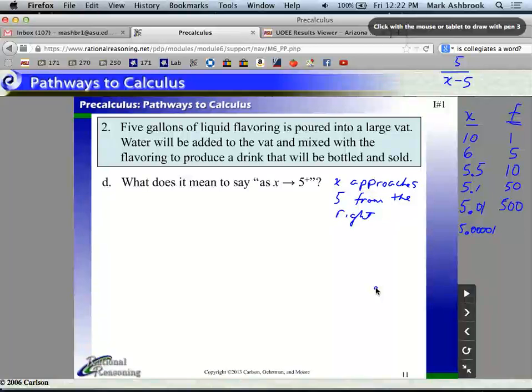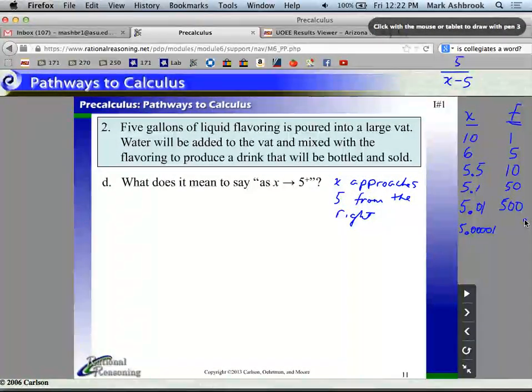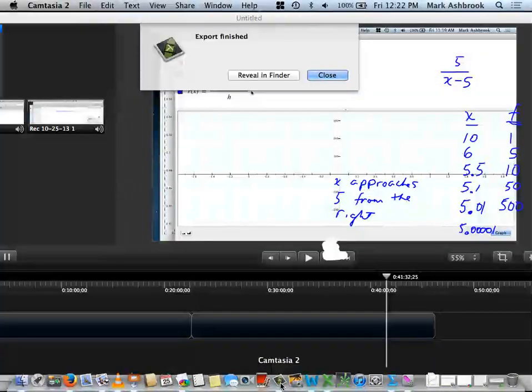Justin P. What does 500 mean in this situation? In terms of the flavoring in the water, what does it mean?